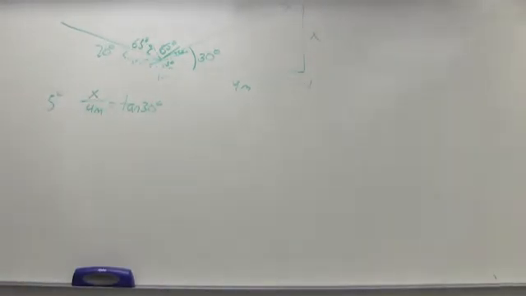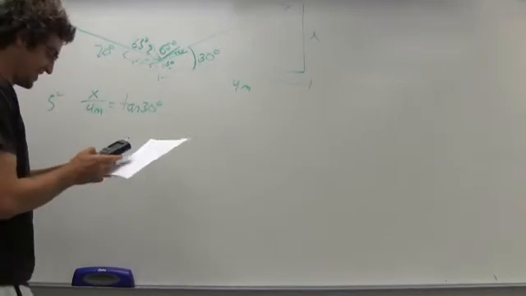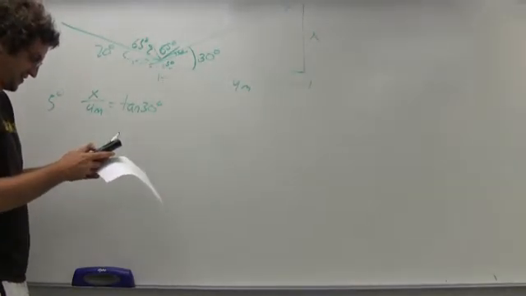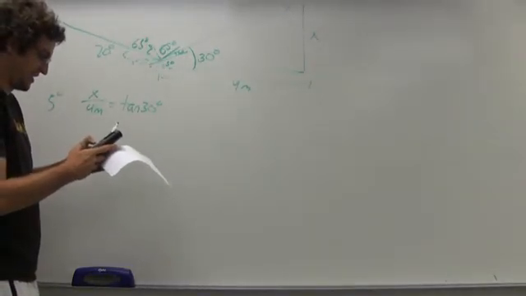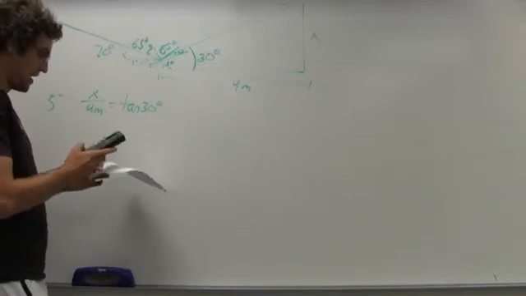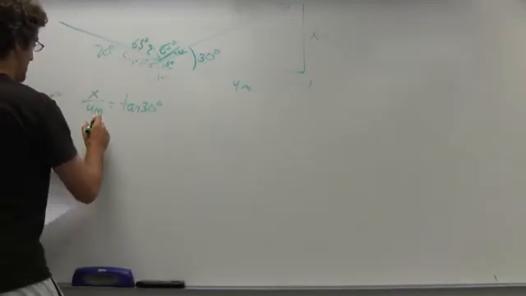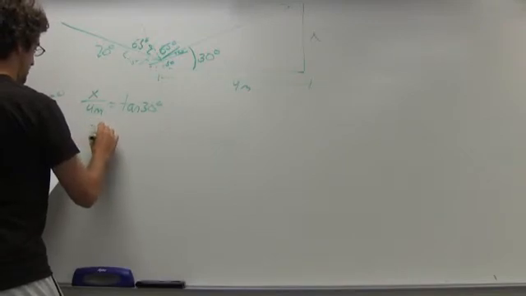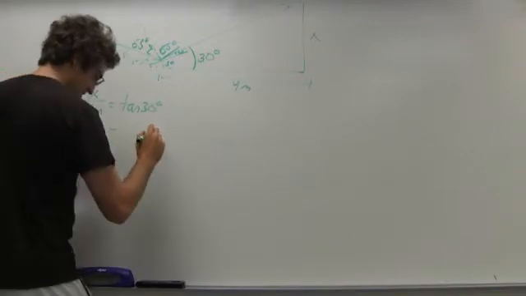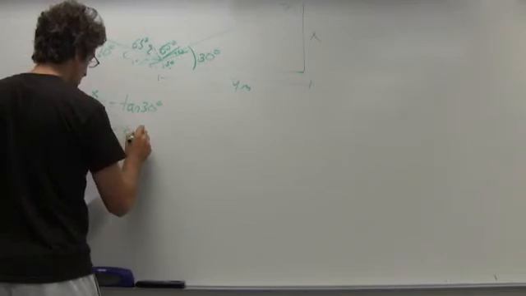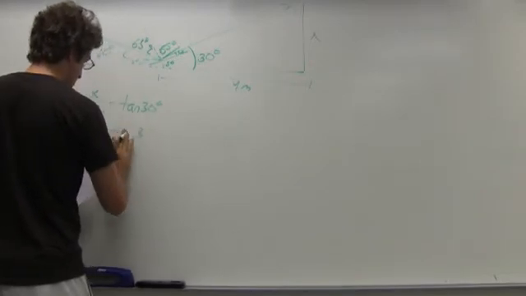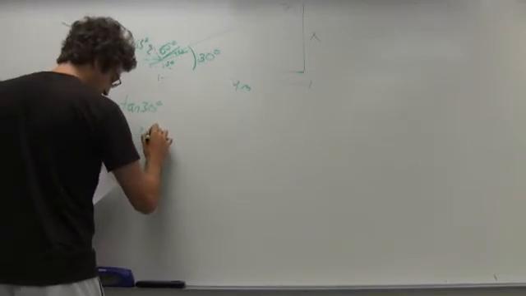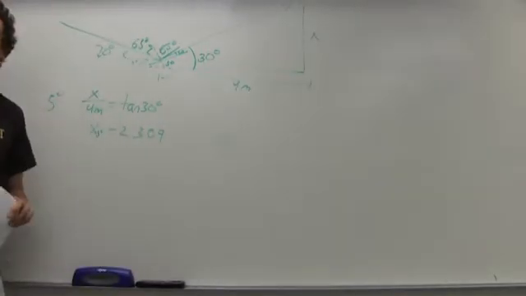So give me 1 second, and then I will tangent this. And that comes out to be the height of 5 degrees is 2.309 meters.